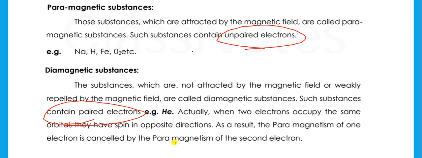For example, helium: when 2 electrons occupy the same orbital, they have spin in opposite directions, and as a result the paramagnetism of one electron is cancelled by the paramagnetism of the other electron.